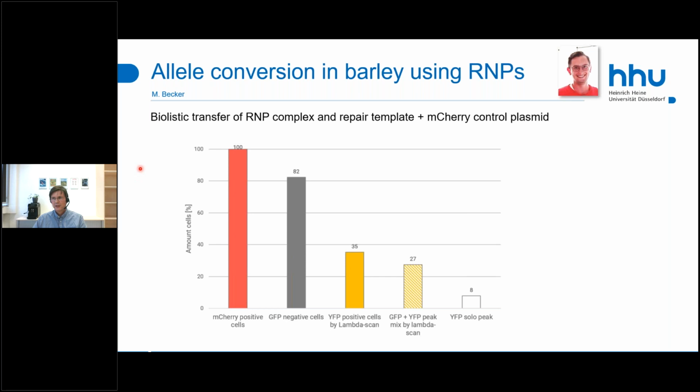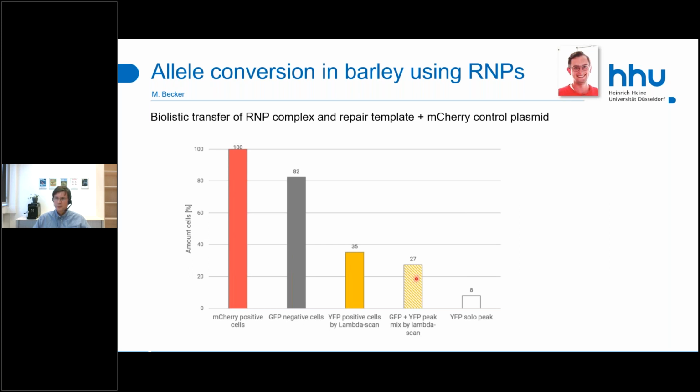To have a measure for still viable cells, we co-bombard the mCherry, and this was then set as 100%. And from this 100%, 82 was GFP negative. This means they had a mutation in the GFP gene. And 35 had a positive signal for YFP.